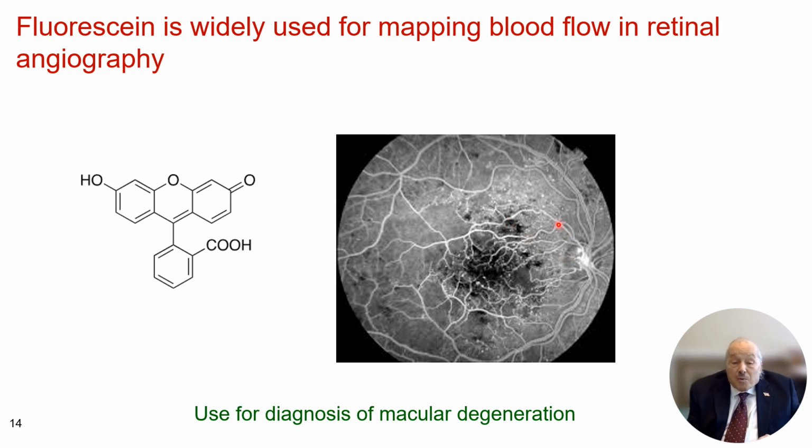And wherever the fluorescein is, you can see the veins or the arteries. And this is used for the diagnosis of macular degeneration, because if there is macular degeneration, you see the macula increasing in size as observed by fluorescein due to leakage of blood out of that area.